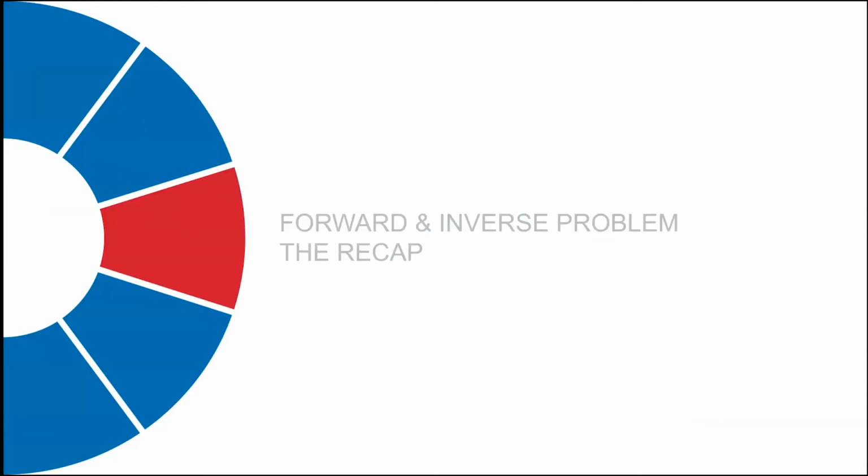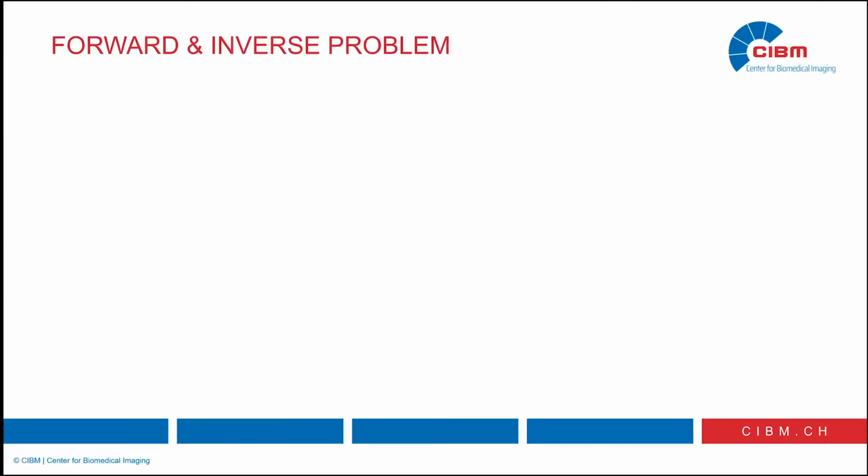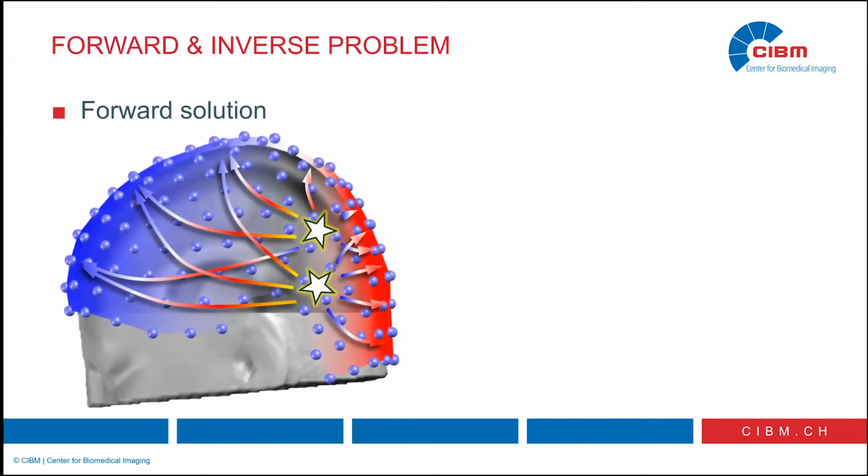Okay, that was the intro. Now let's step into what's called the forward and inverse problem, a small recap. The forward solution is basically how physics works. So you've got sources in the brain, electromagnetic sources, and then the signal goes through some layers of media, up until the electrodes where they get recorded. We record the electrical part, of course.